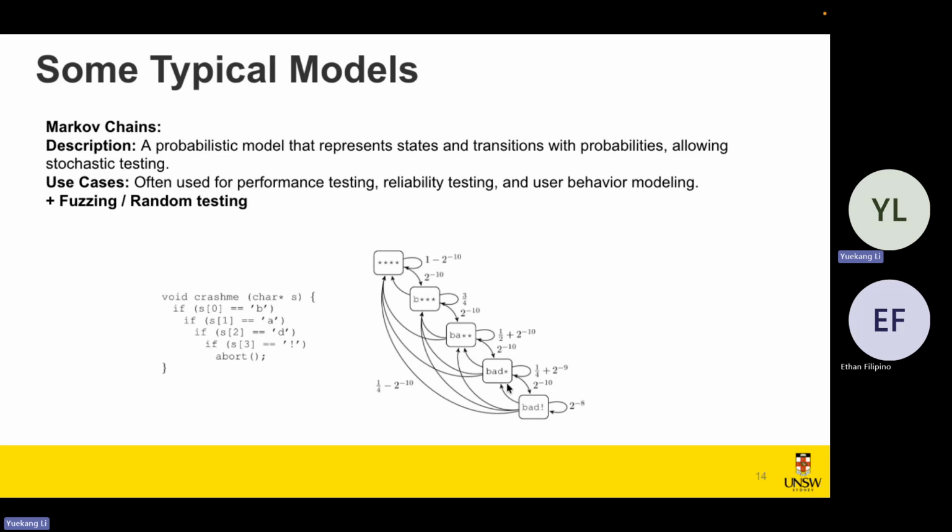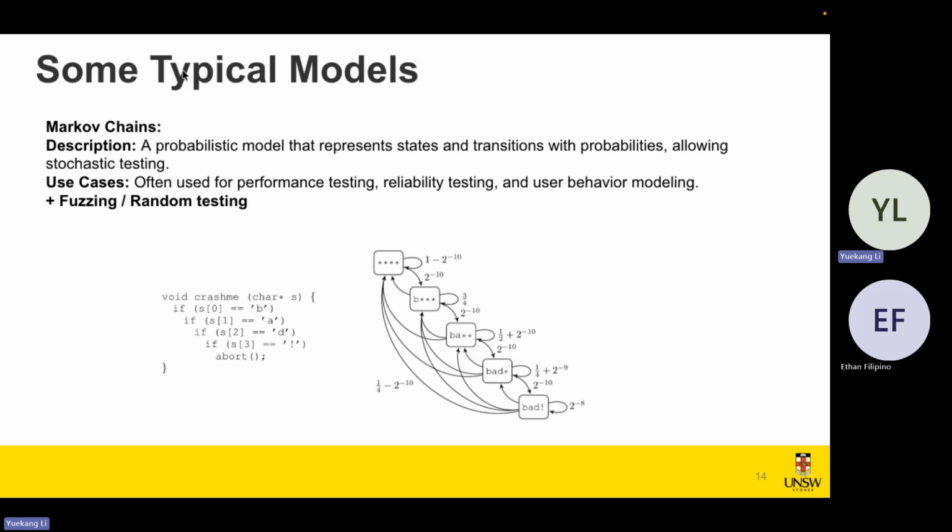But if it is located in some places where the reaching probability is very low, then it could be hard to find those bugs. So that's why this can tell us whether a place in the program is easy to reach or hard to reach.